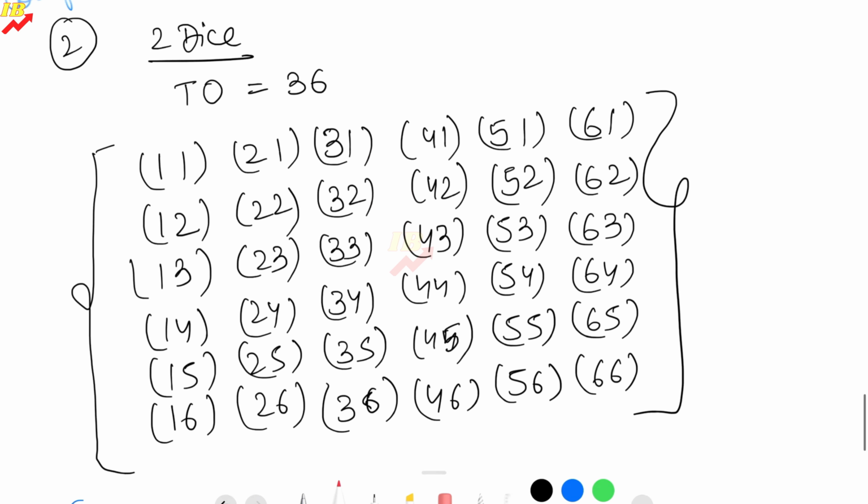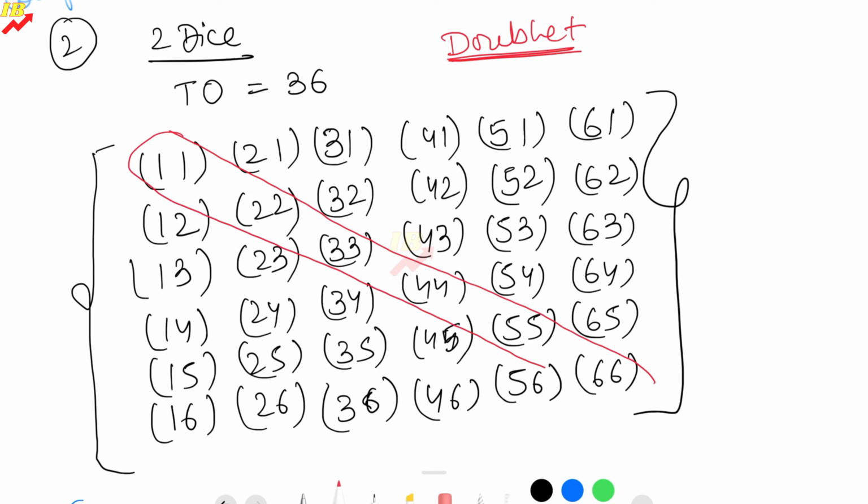But in the second case, the first case that occurs here is the probability of getting a doublet. So doublet itself stands for two numbers which are the same, right? So when we say doublet, you always get your answers in this type of grid, in diagonal, vertical, horizontal. So all of my answers are going to lie like this. Either they are going to lie vertically, or they are lying diagonally, horizontally.